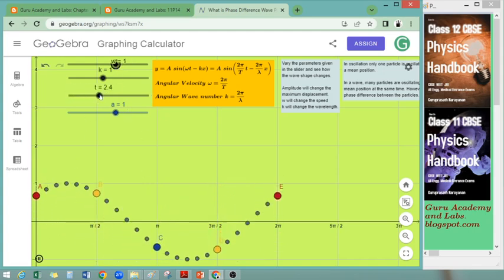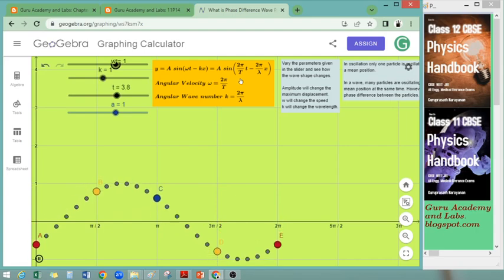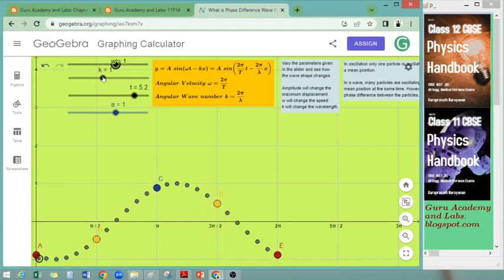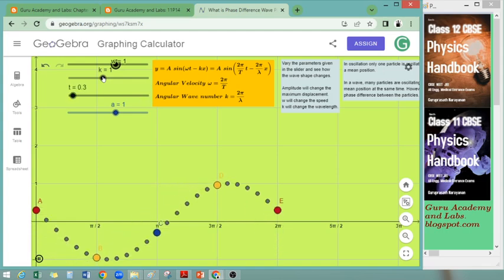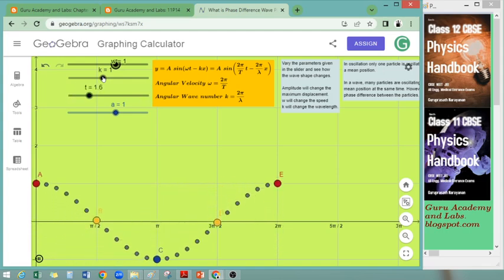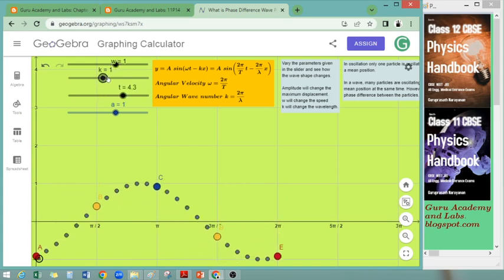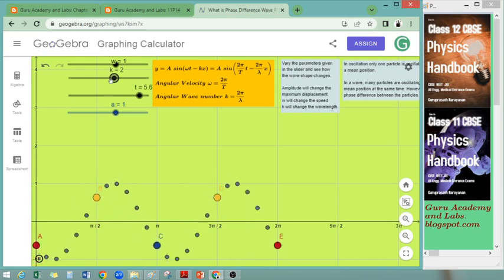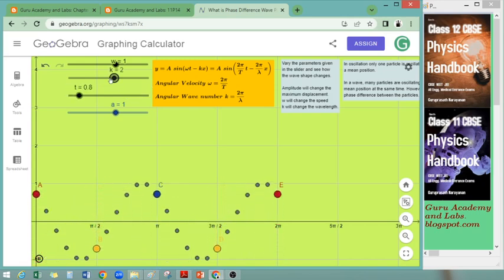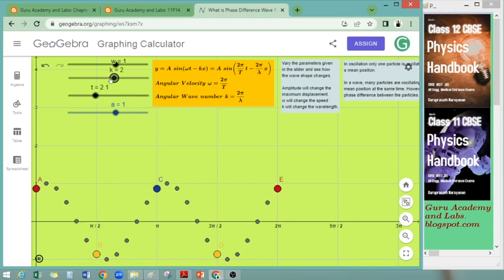And if I increase the k, as I told you, k is like 1 by lambda. So when you increase the k, the lambda will decrease because k is equal to 1 by lambda.